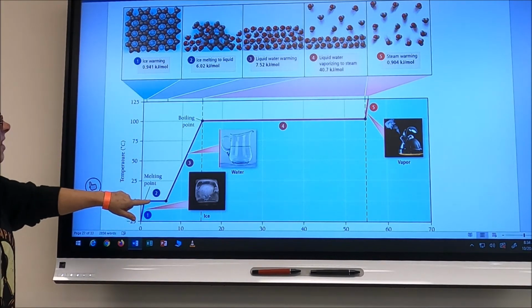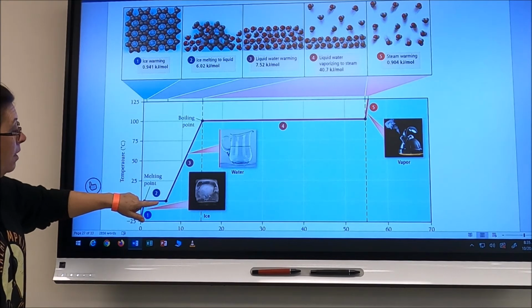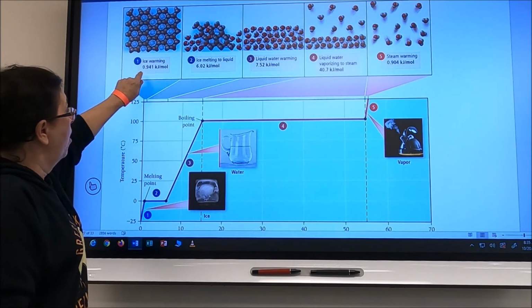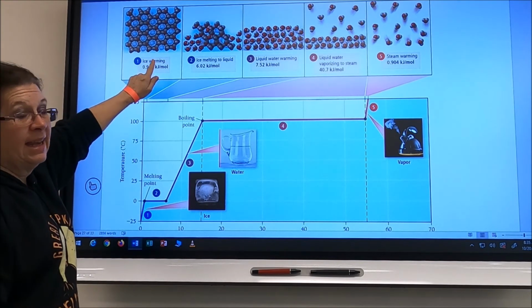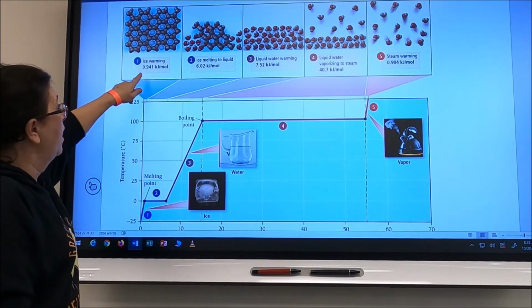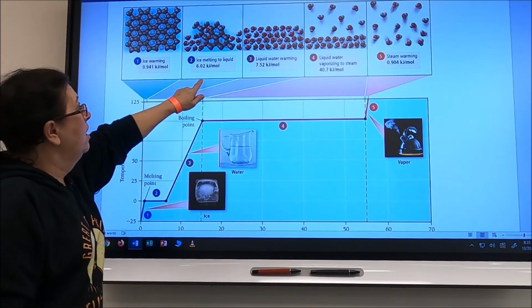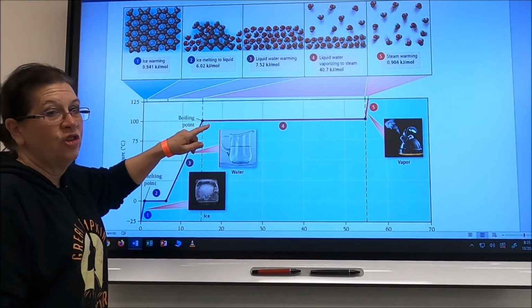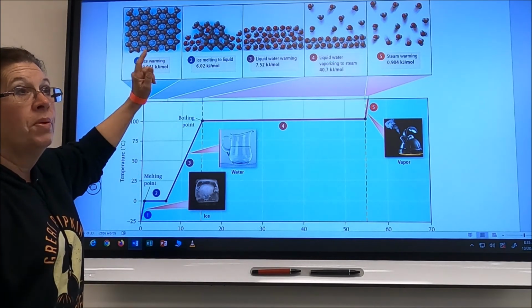At 0 degrees C, melting occurs. So what we see is in part 1 here, we have a change in kinetic energy of the system. All the energy we're adding in is going to kinetic energy. In part 2, where we have melting going on, the energy going in is going to potential energy.